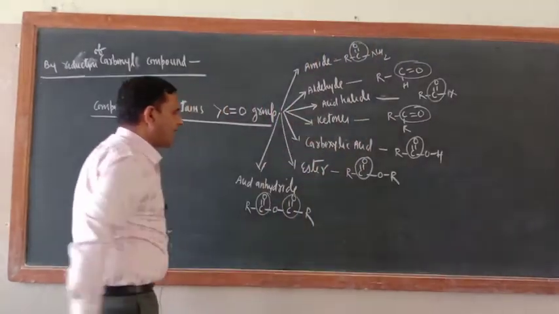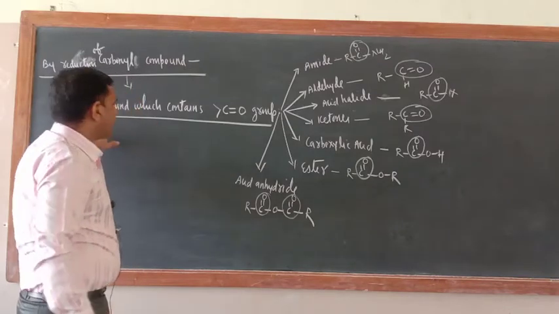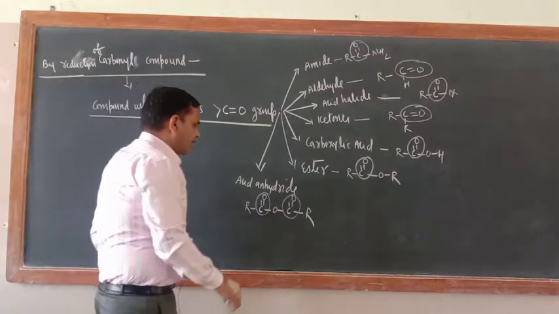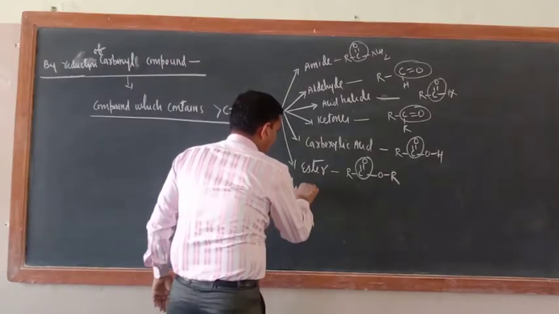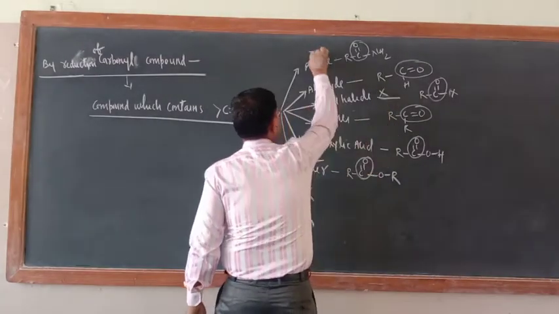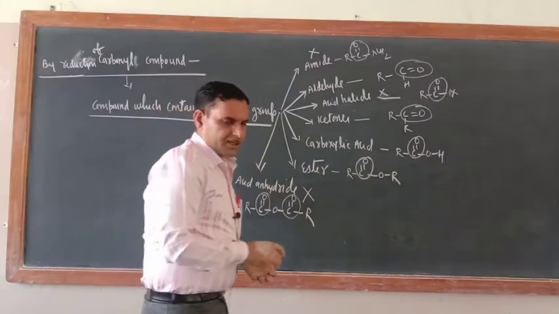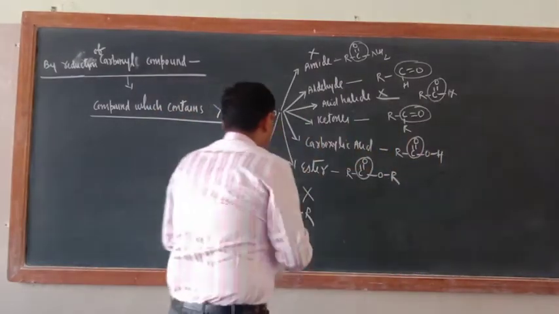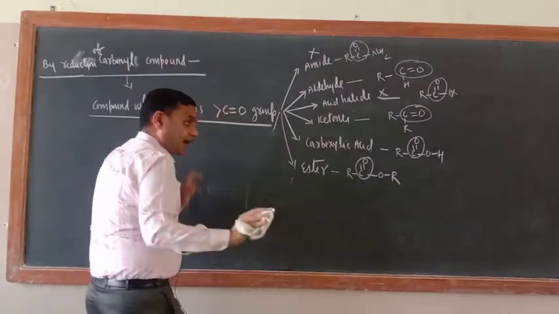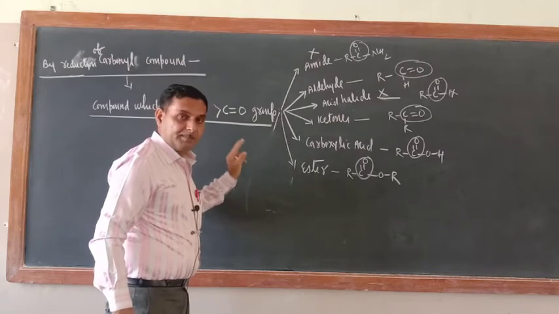So these are the carbonyl compounds, and we are on the methods of preparation of alcohol. For the preparation of alcohol, this is not required, though they are also carbonyl compounds.